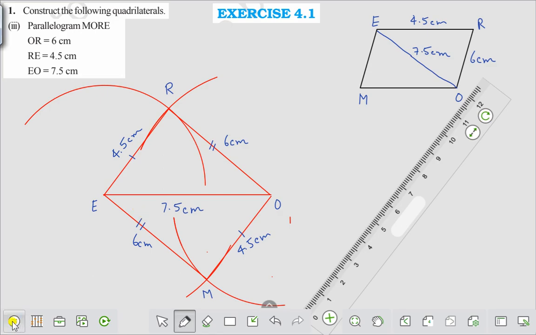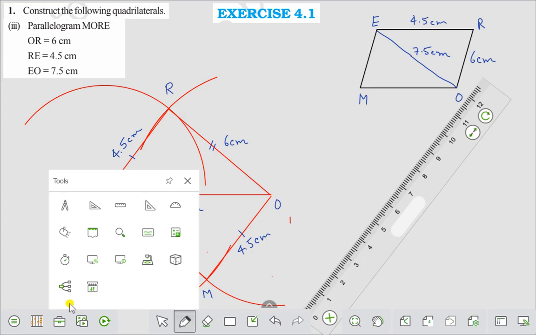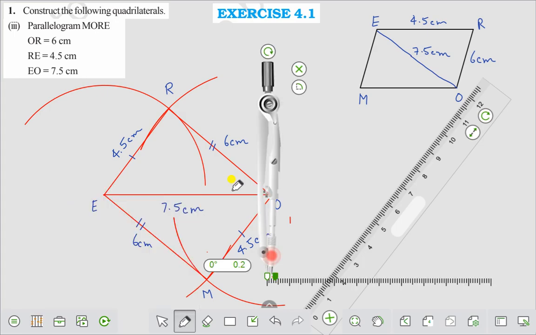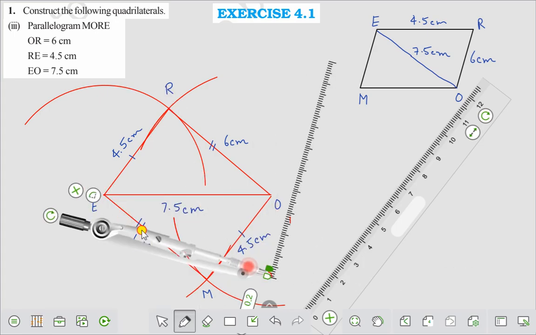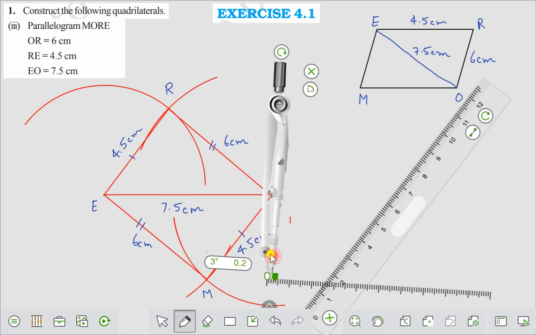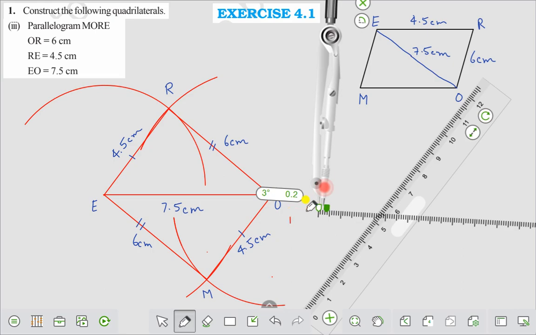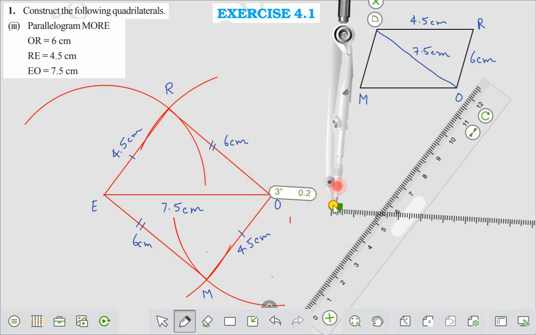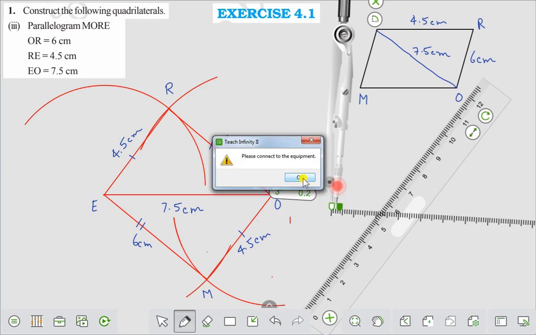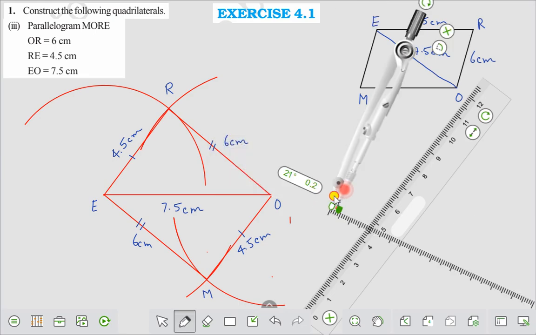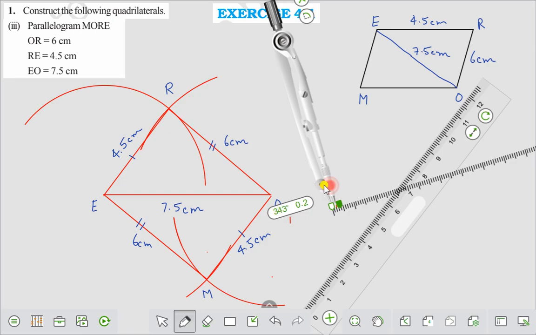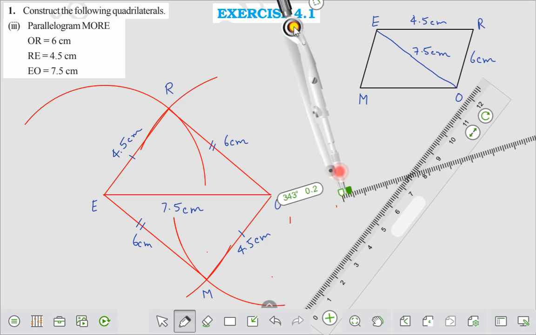Now, here you see again what we have taken. This is the required parallelogram. We have taken EO as 7.5 centimeter.